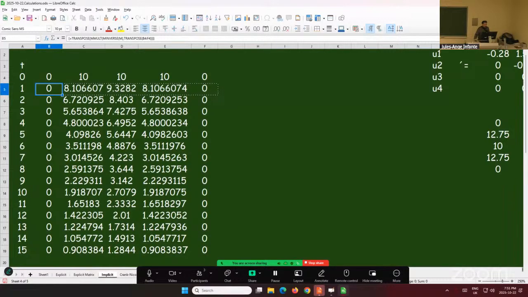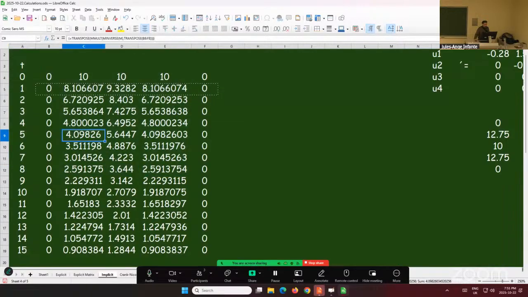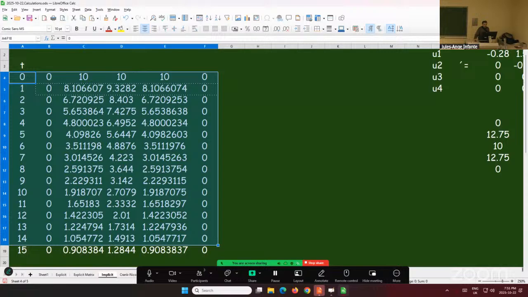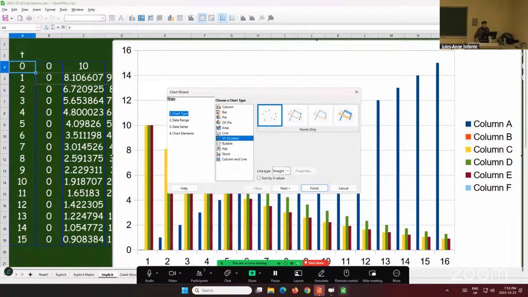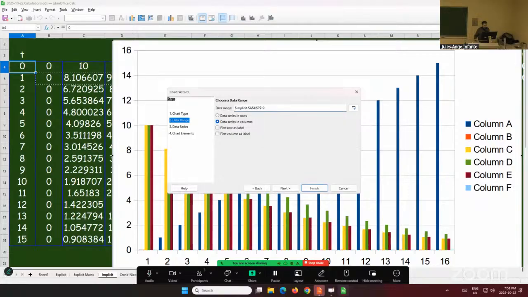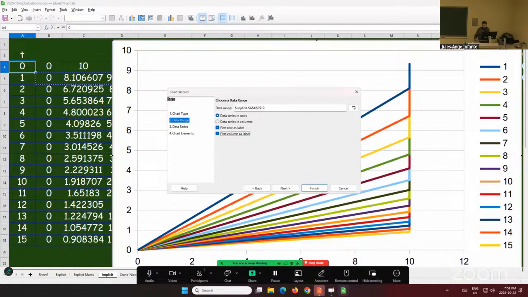And this time, if we do the same thing as before and we put the graph, XY scatter. Data series in rows.